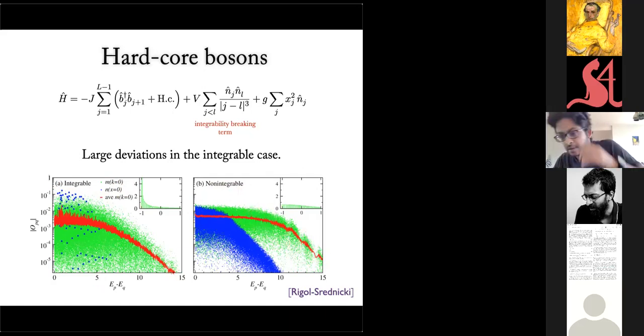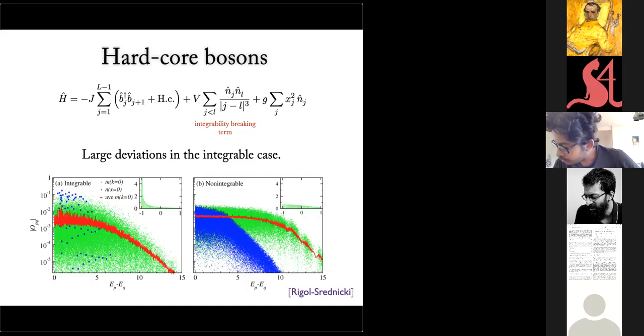Note that we discussed yesterday for the off-diagonal elements, the mean is 0 and the variance is suppressed, is e to the power minus S by 2. And we see that the variance is actually small for the non-integrable or the chaotic case, whereas it is quite large for the integrable case.